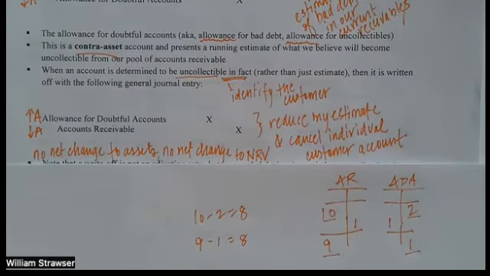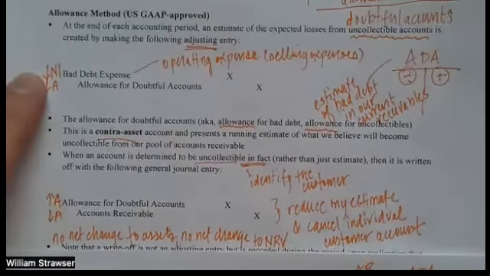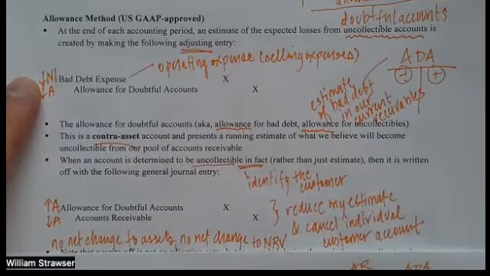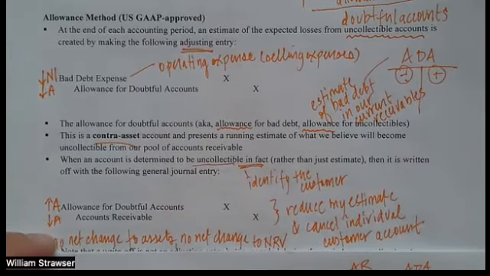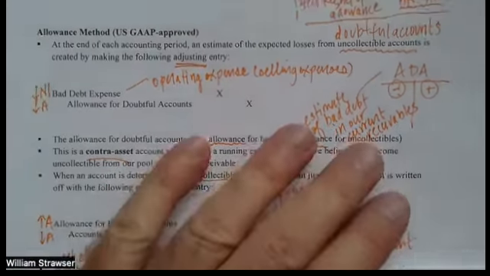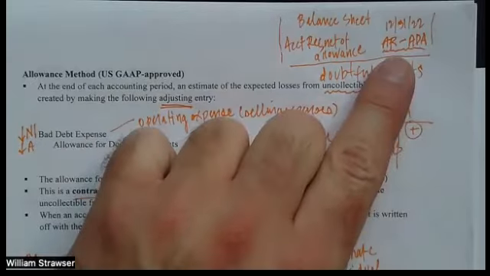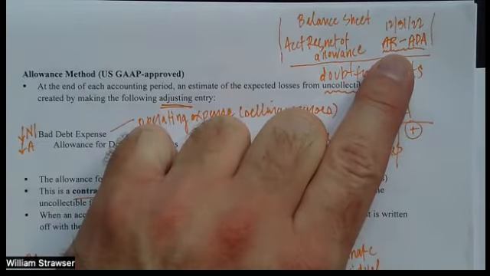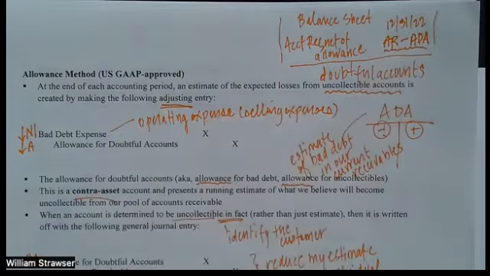And so that is one of the advantages of the allowance system: because we're estimating these items in advance, when they actually happen in reality, the net realizable value of what I'm reporting on the balance sheet does not change. So there's no surprises in those changes.